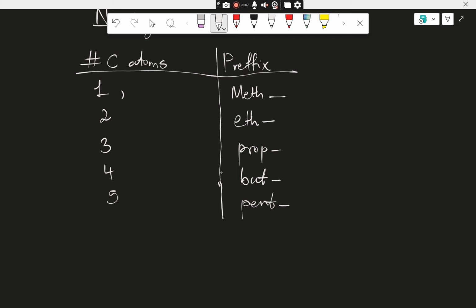Let's just do this so that we don't have a long table. If you have six, you will have hex, because hex means six. For seven, you will have hept, which means seven. That's your prefix.